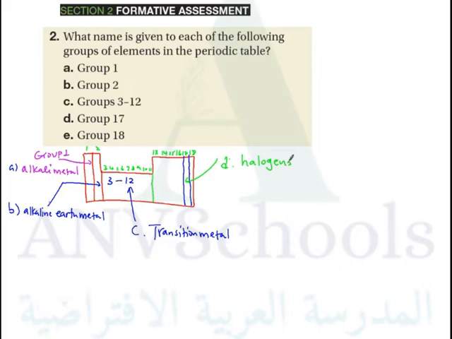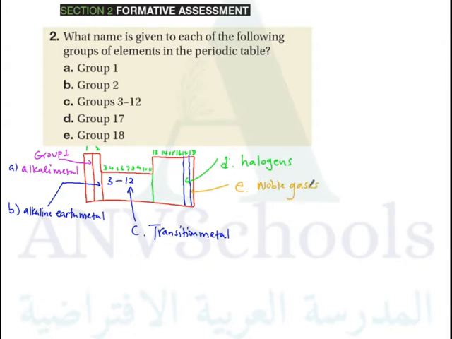And group 18 is this one. Group 18 we call noble gases. Why noble?